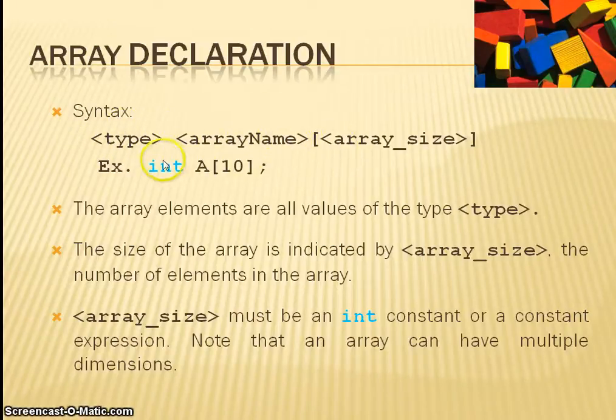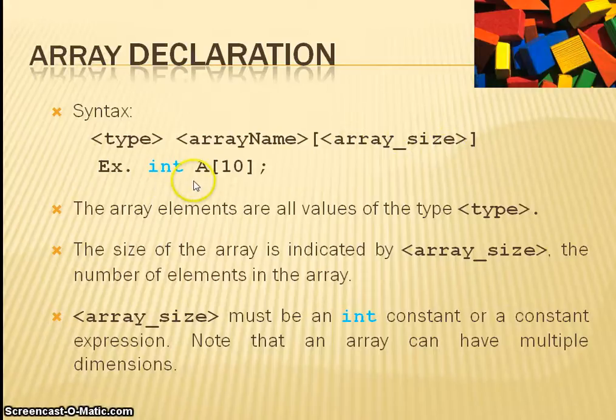Then, followed by the type, they have to give the array name. This is the name of that particular array. Then we have to give the array size, which is how many values the particular array has to store.